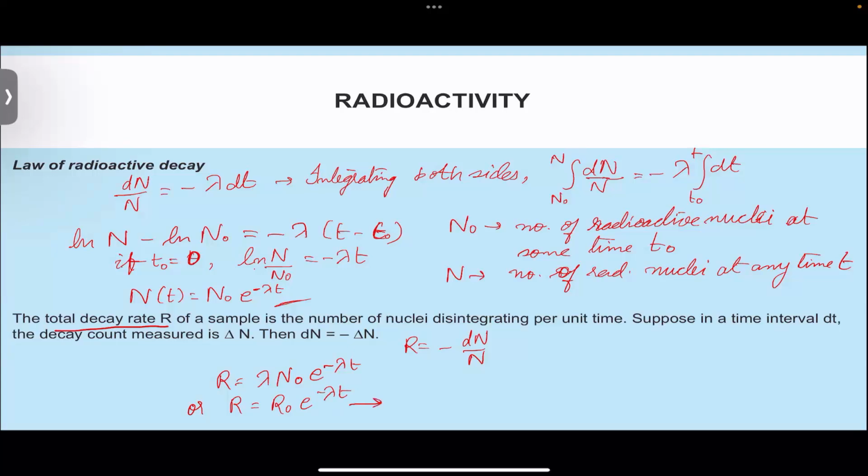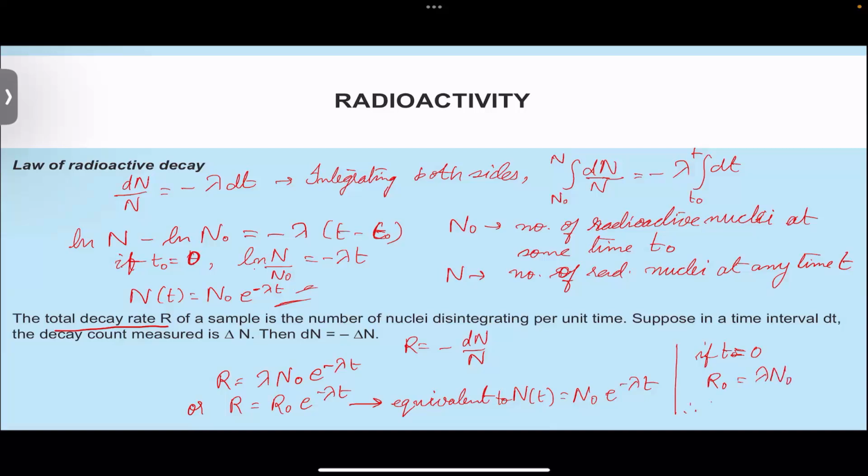Now you can see this is equivalent to the equation we got here, N(t) = N0 e^(-λt). Then again, if t equals 0, we can write R0 = λN0.